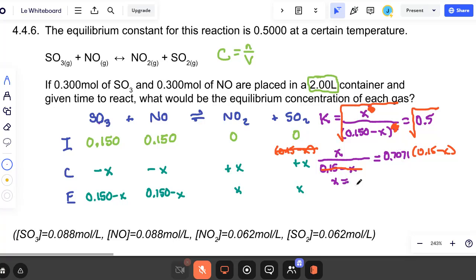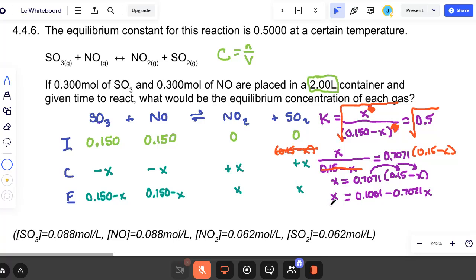On the right, we get a bit of a mess, 0.7071 times 0.15 minus X. This is outside the bracket, so it distributes through. It's going to multiply the number and the X, and so we get X equals 0.1061 minus 0.7071X.